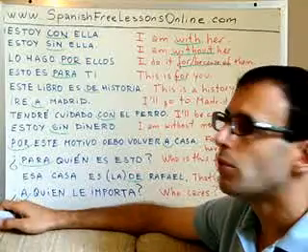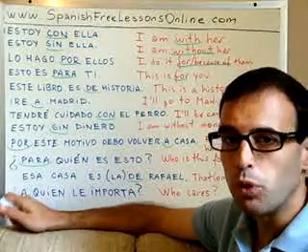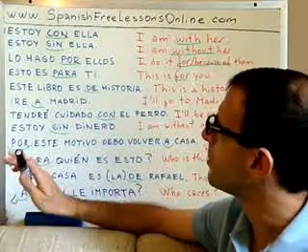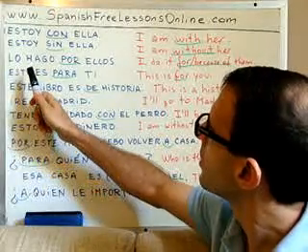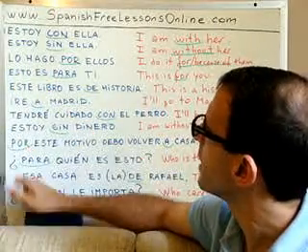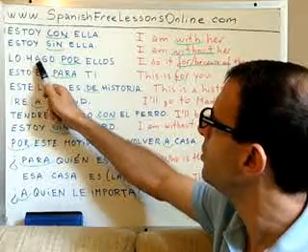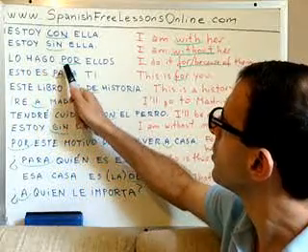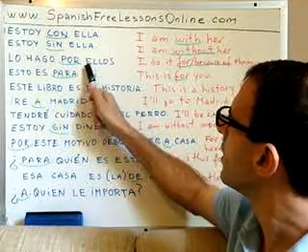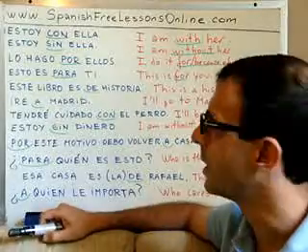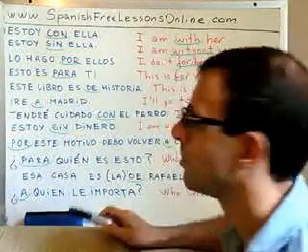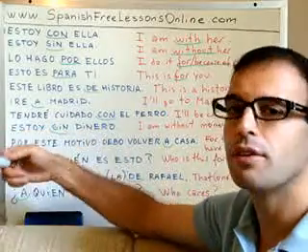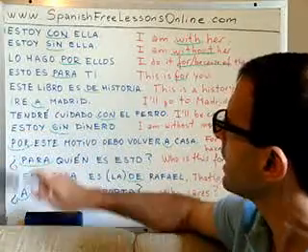So if we translate this literally word by word, it would be something like this. It I do because of them. Okay? So lo would be like it, for I do it because of them.